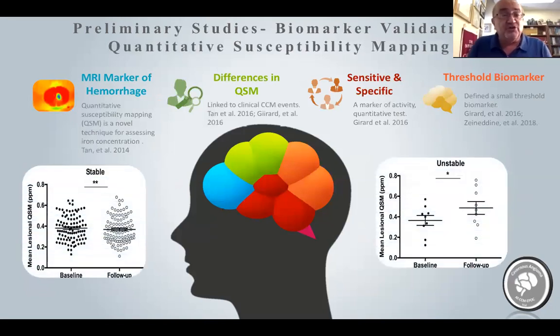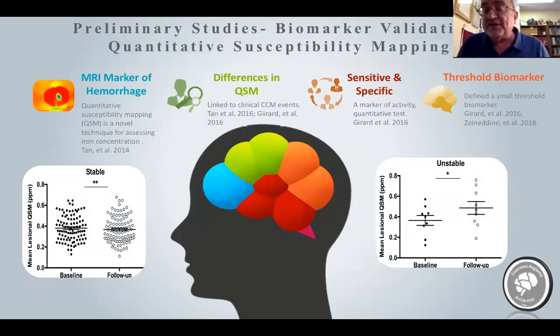Next slide. So this is QSM in more than 100 patients who didn't bleed, and their QSM stays the same. In fact, it decreases a little bit over time, but it's generally extremely stable. However, to the right, in a lesion that rebleeds, the hemorrhage increases in the lesion and it's measurable.